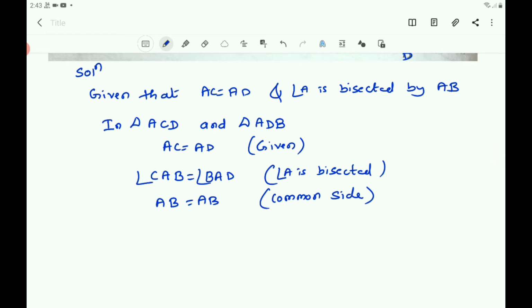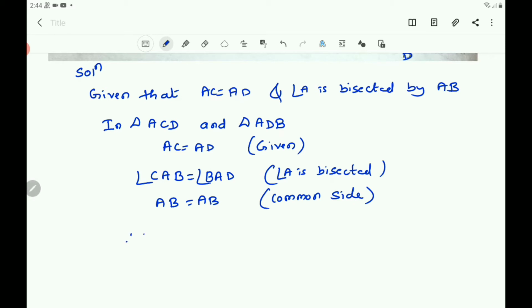Now you got this is the side, this is the angle, this is the side. So you got two sides and included angle of a triangle equal to the corresponding two sides and included angle of the other. Means two sides and included angle of the triangle ACD are equal to the corresponding two sides and included angle of the triangle ADB.